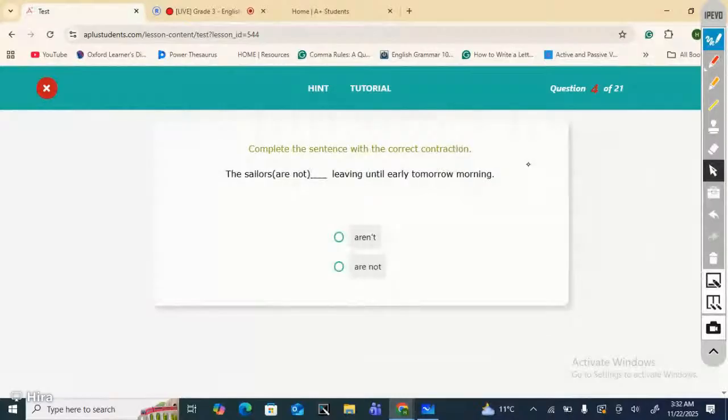Sailors are not leaving until early tomorrow morning. The two words are not. Are, a verb, and the word not.